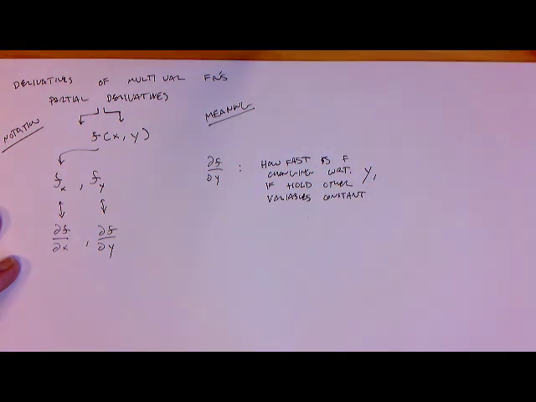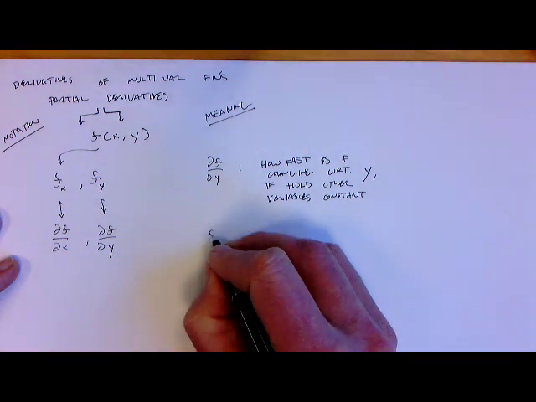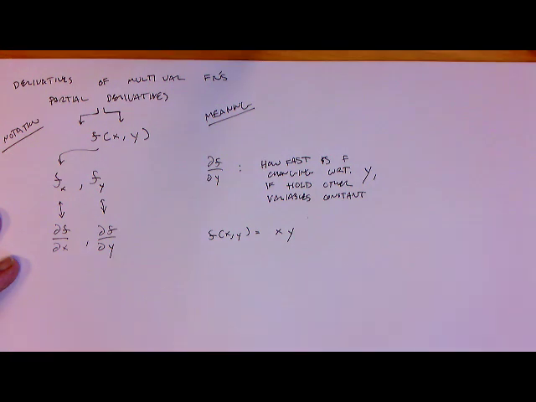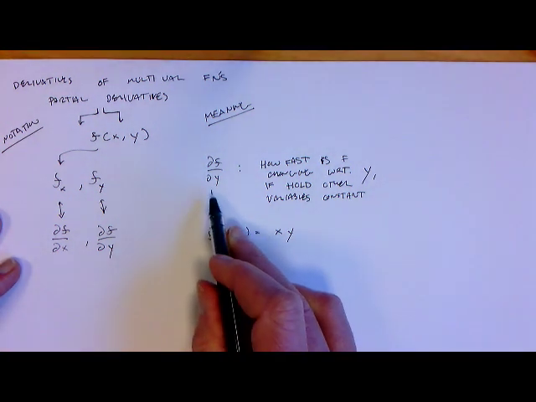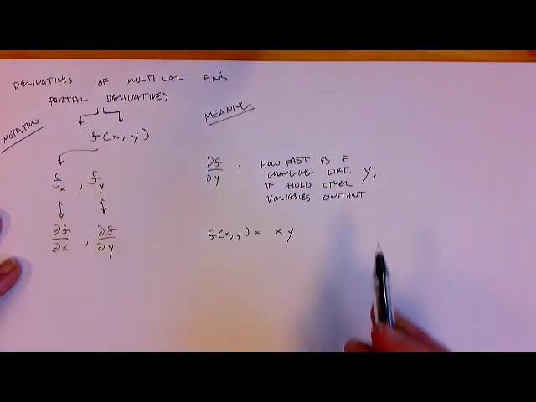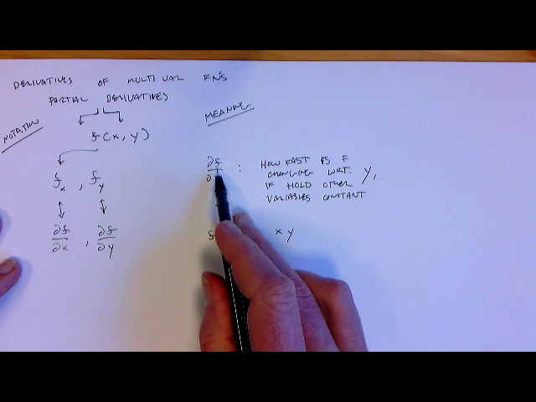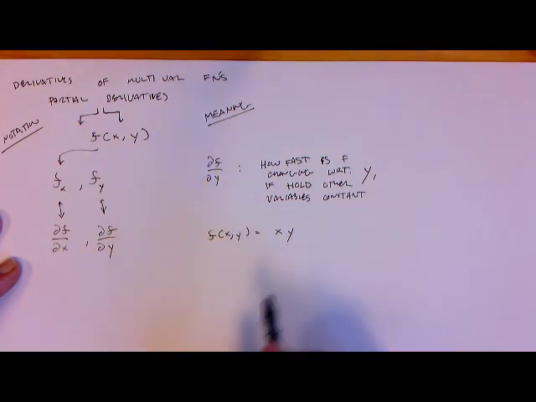Let me talk about a simple example of that. Let's say our function of x and y is simply x times y. And we could ask, what's the partial derivative of that? In other words, how fast is f changing with respect to y if we hold x constant?